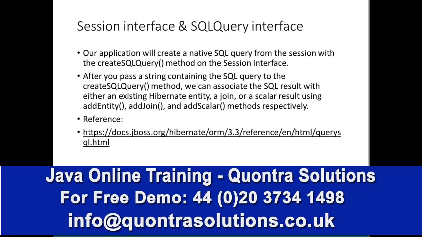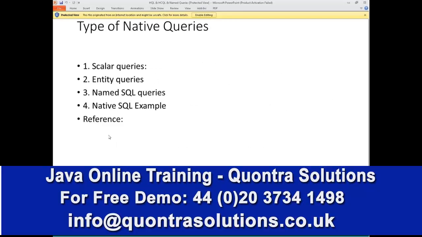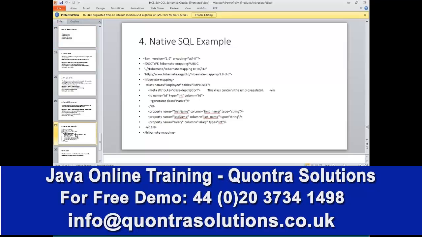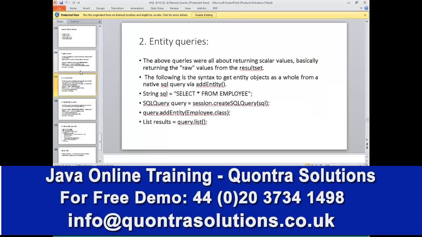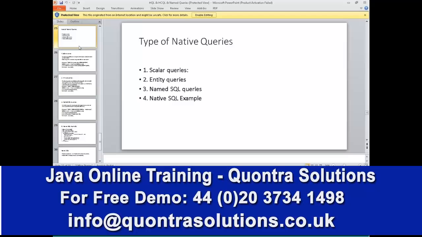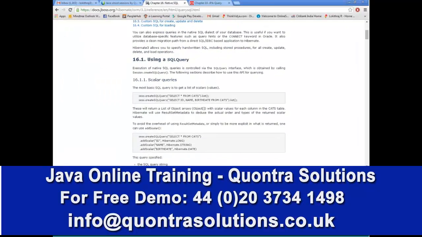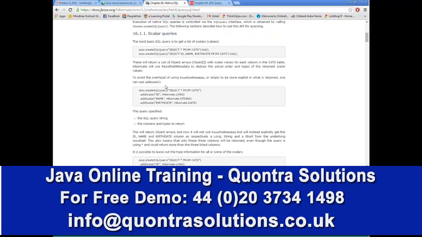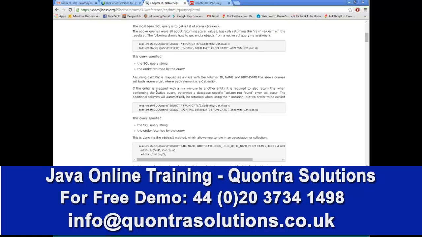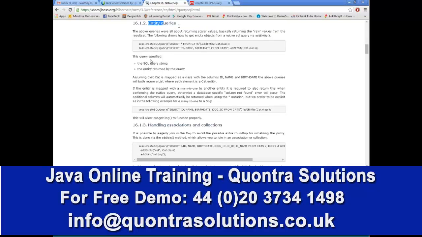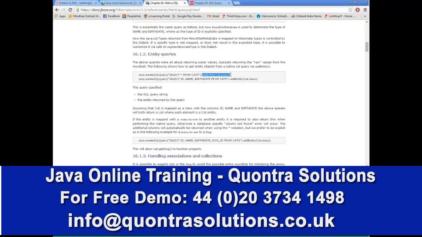You can also make use of this link. Just a minute, I'll open this link. In this SQL query we have scalar queries, we have entity queries, which we will add entities here.